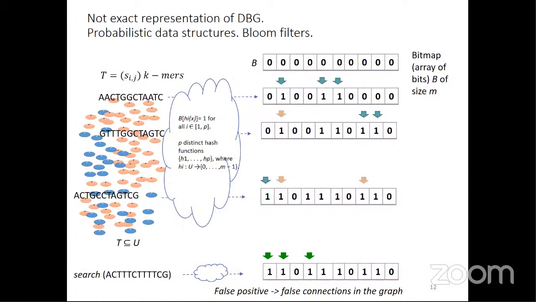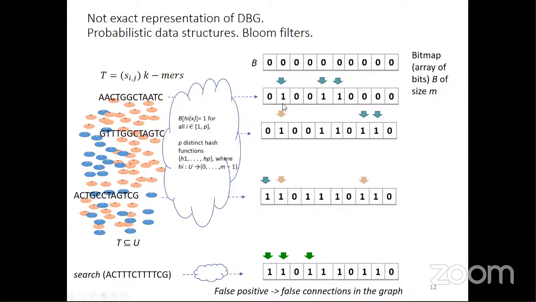In the case of a non-exact representation of the de Bruijn graph, we have the approach that uses probabilistic data structures like Bloom filters. A Bloom filter is a space-efficient data structure for representing a given subset of elements T from the universe U. A Bloom filter consists of a bitmap P of size M and a set of P distinct hash functions.